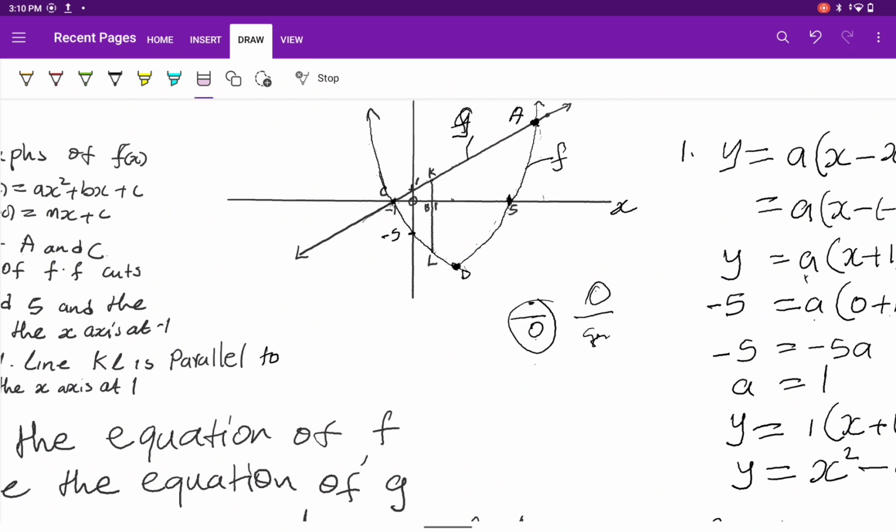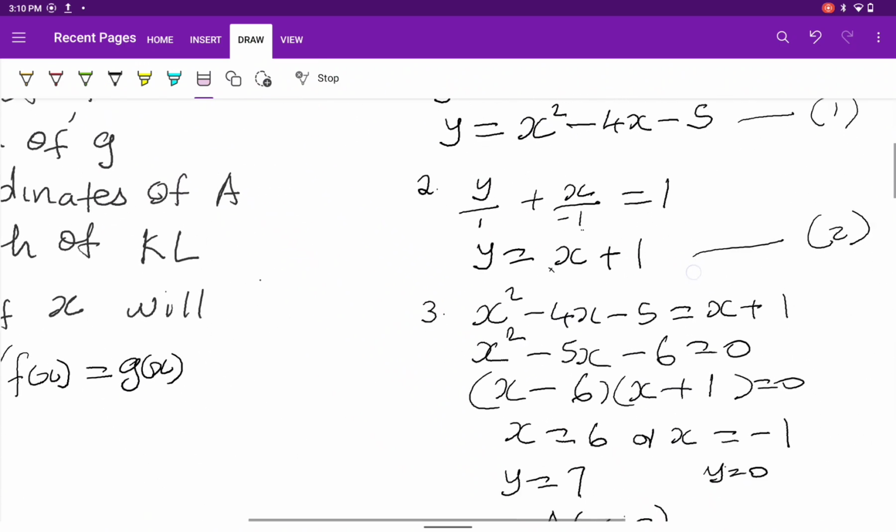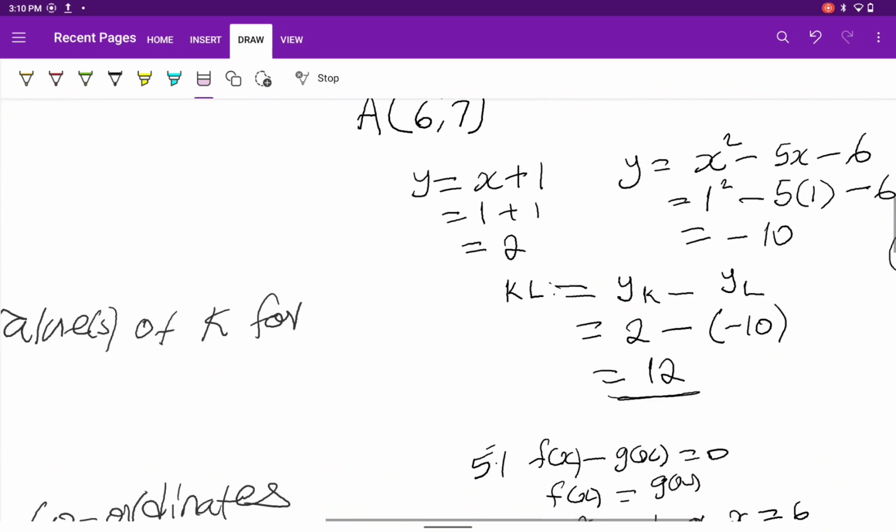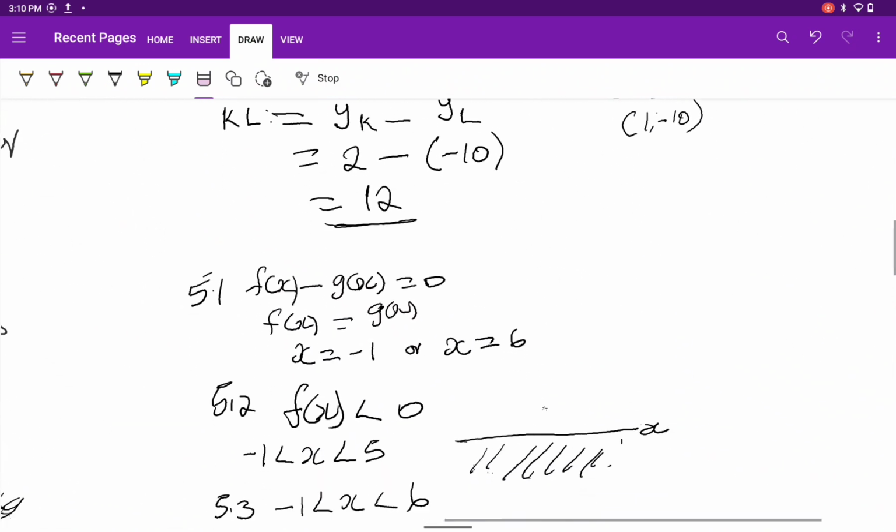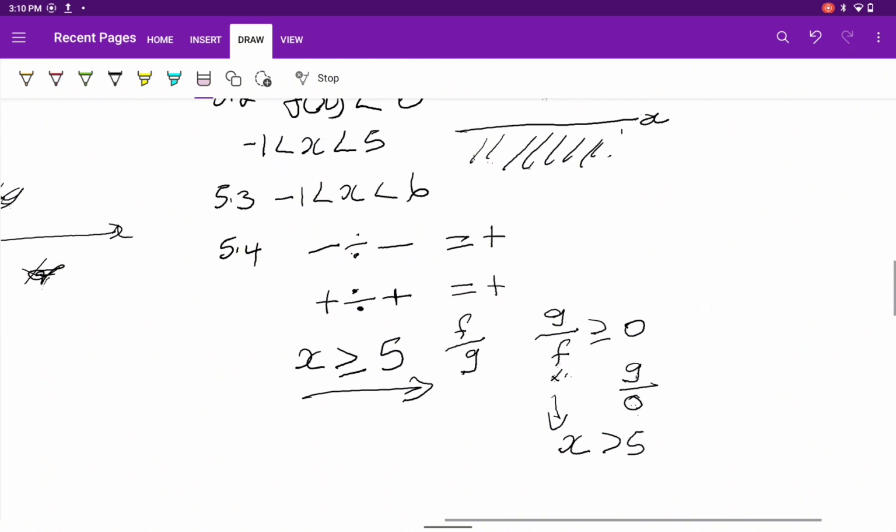So hence I'm saying for this one it is fine, but if it was g over f, then we were not going to include the 5. Right, so that's what I was trying to explain here. The 5 was not going to be included because of the issue that we have a division by 0.